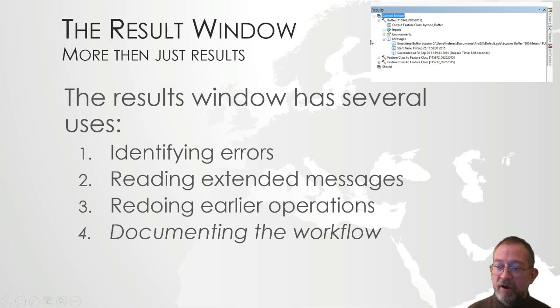So the results tool is not just saying, okay, this is what has run, but it also gives you access to extra information about it. It gives you the ability to redo previous commands by clicking on the tools that have run. And finally, it also functions as some form of documentation of how the process has run.